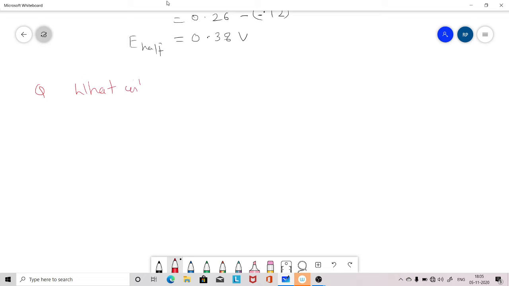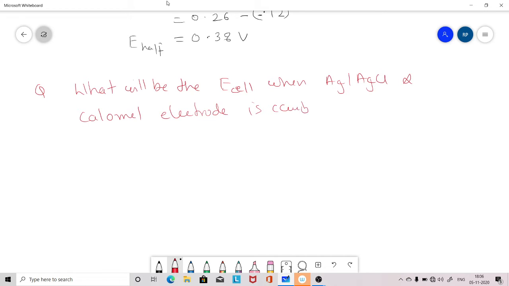What will be the E cell when the AgCl and calomel electrode are coupled?